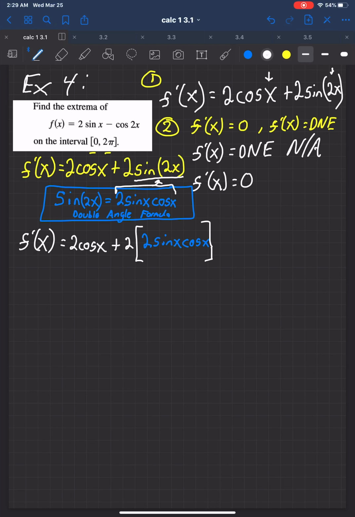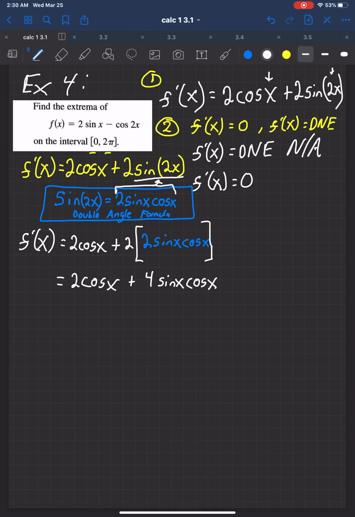Okay, so let's clean that up. 2 times 2 is 4. And then let me comment as to why I chose to go this route.